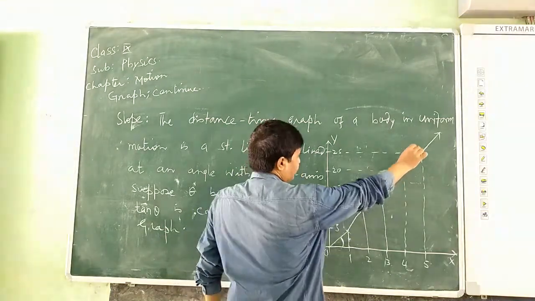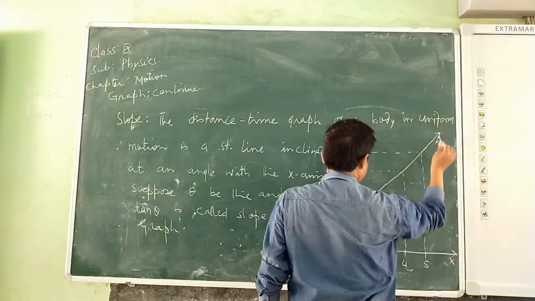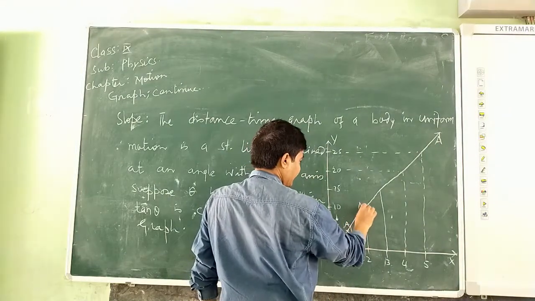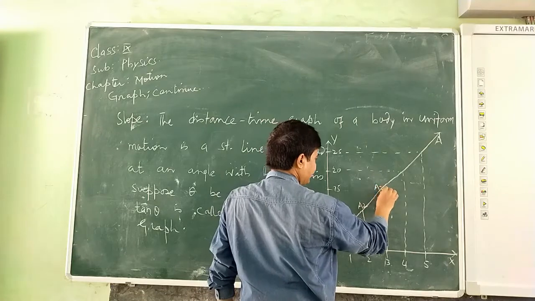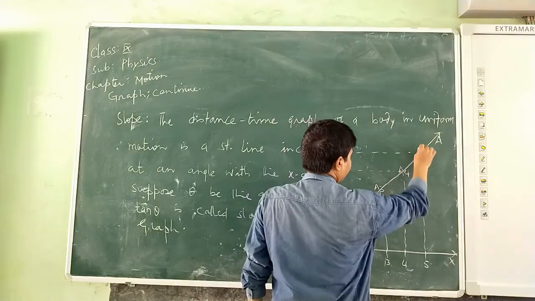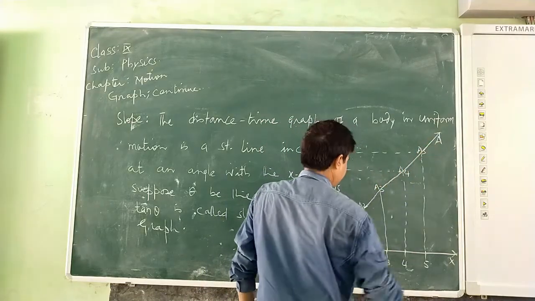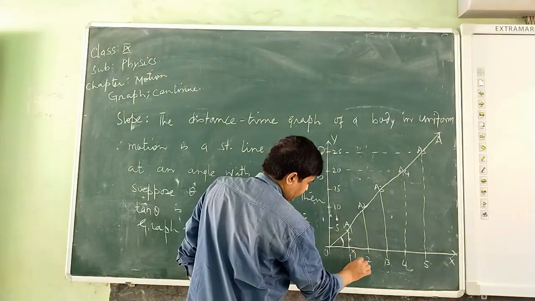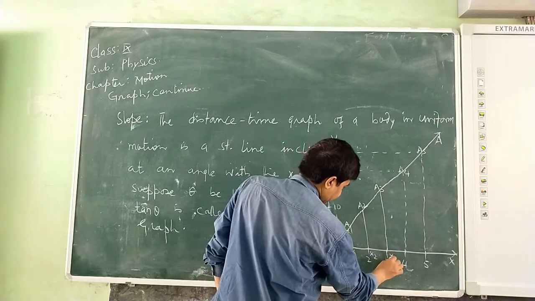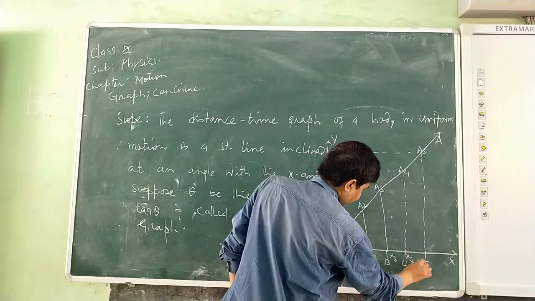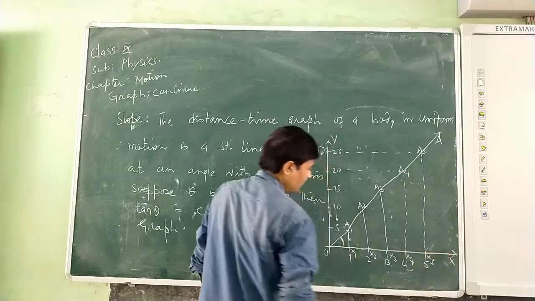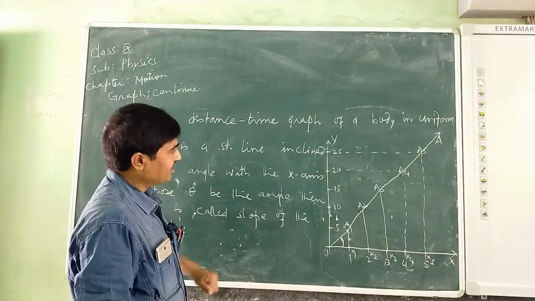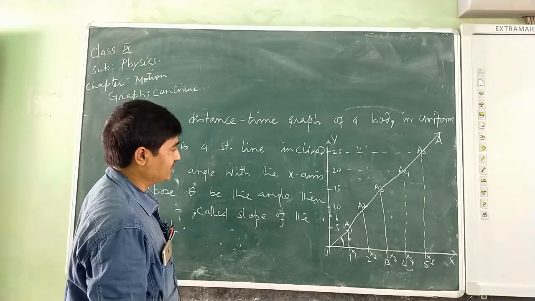Suppose the graph is OA and some points A1, A2, A3, A4, A5 are on the graph OA, and x1, x2, x3, x4, x5 are the points on the x-axis corresponding to the points A1, A2, A3, A4, A5 on the graph OA.